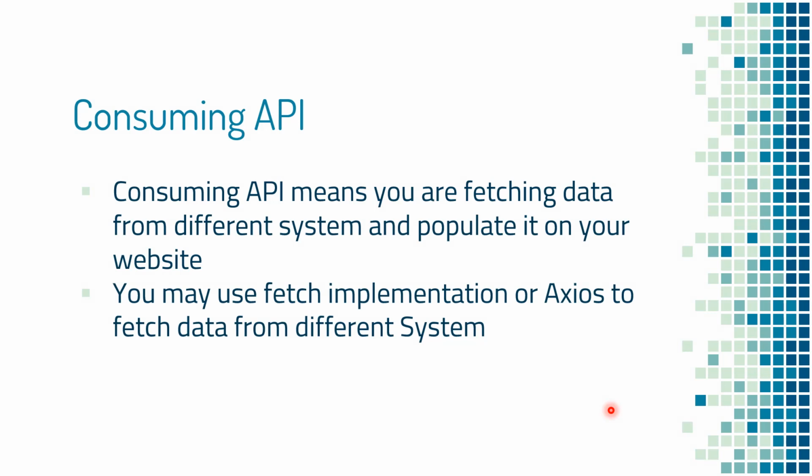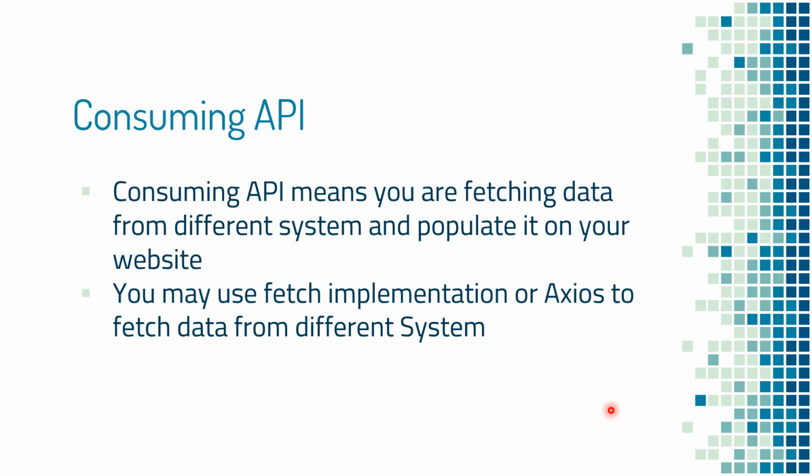So now we learned how to build a REST API. Another key important thing is how to consume an API. At a specific point, you might not be building an API, you might just use one.